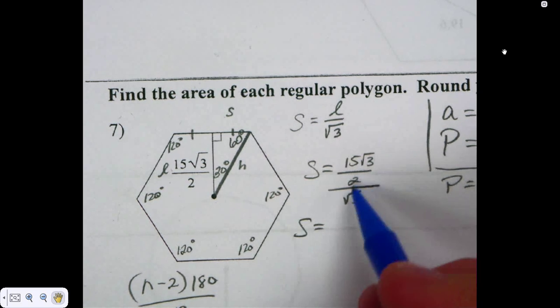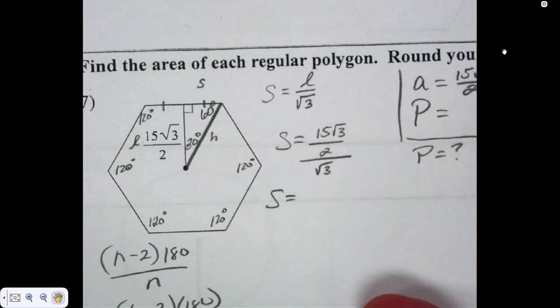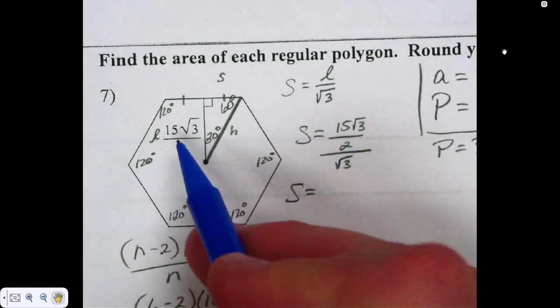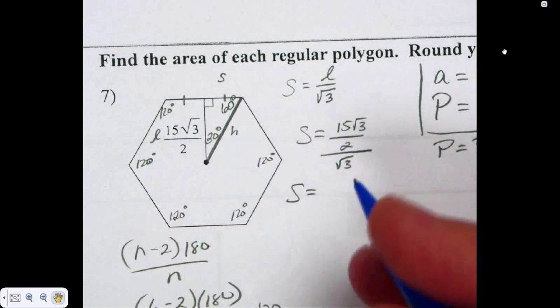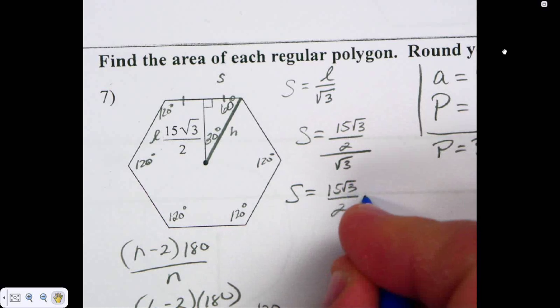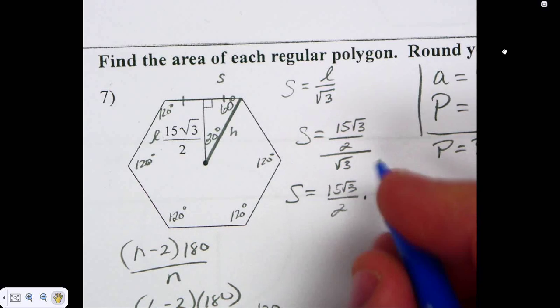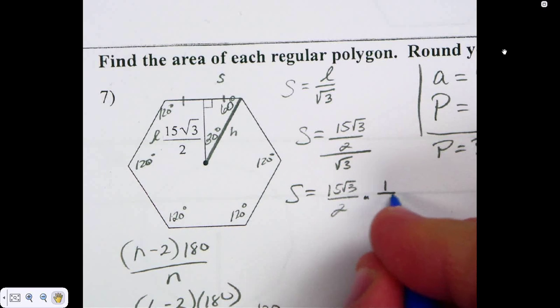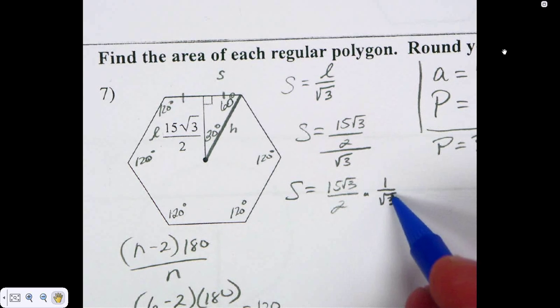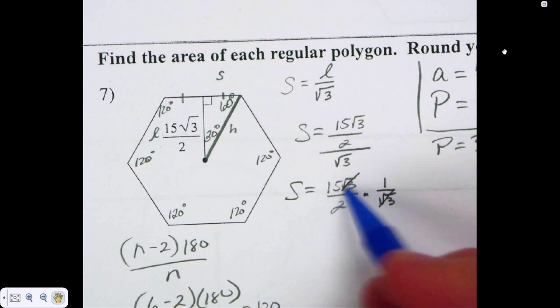Now, when you divide, you can't divide fractions, can you? Because see, wasn't this L? L is 15 square root of 3 over 2. So this becomes 15 square root of 3 over 2 times, to divide by square root of 3 is the same thing as to multiply by its reciprocal, which is 1 over square root of 3. What happens nicely here? What do your square roots of 3 do?